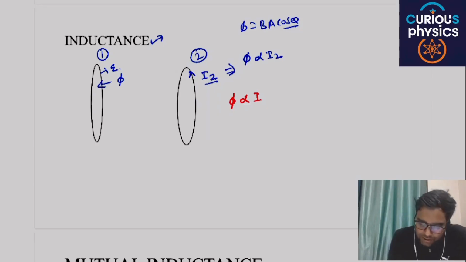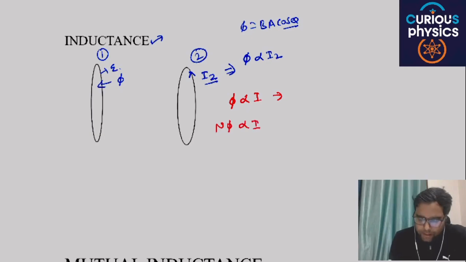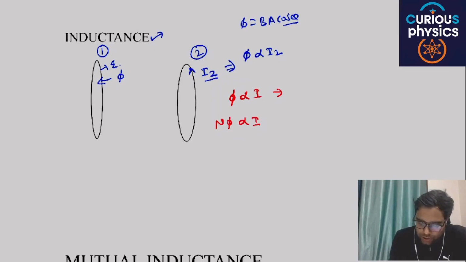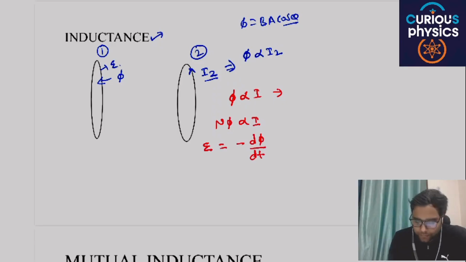And for the induced EMF, if there are n number of turns, then N phi is directly proportional to I. The induced EMF is nothing but minus d phi by dt, with N turns.